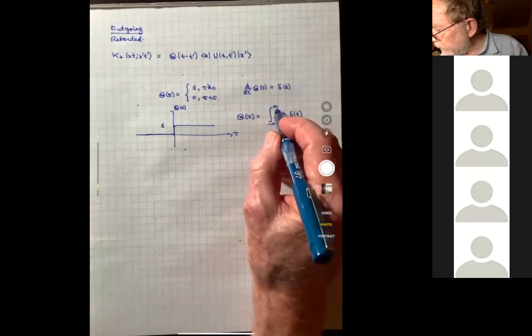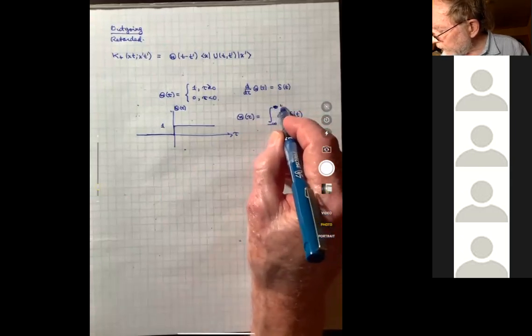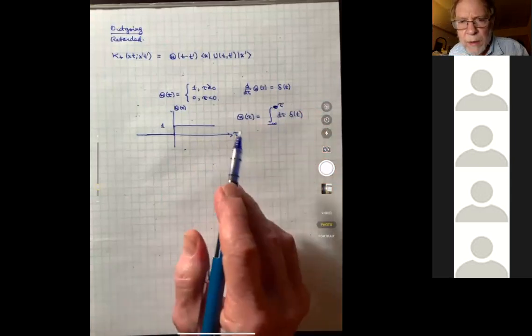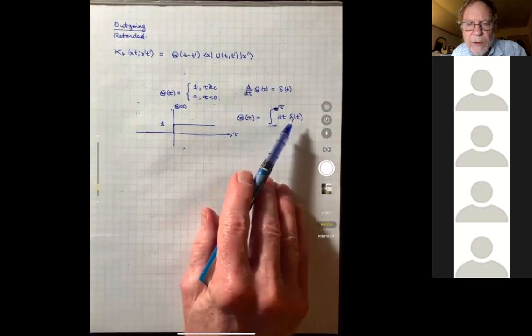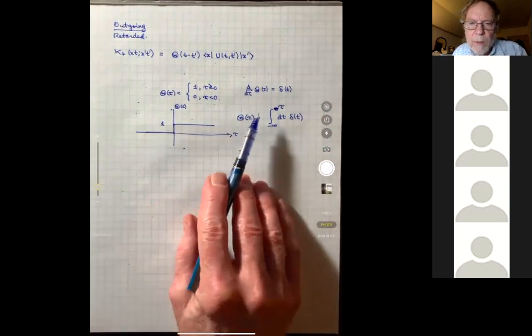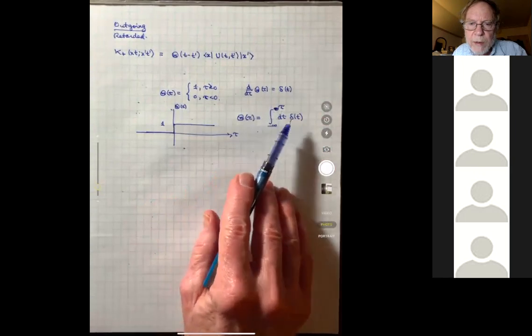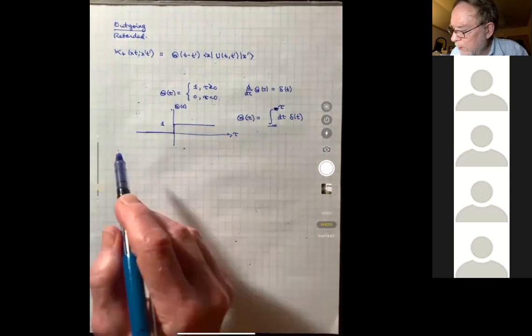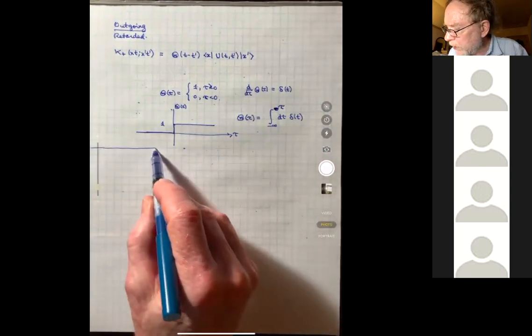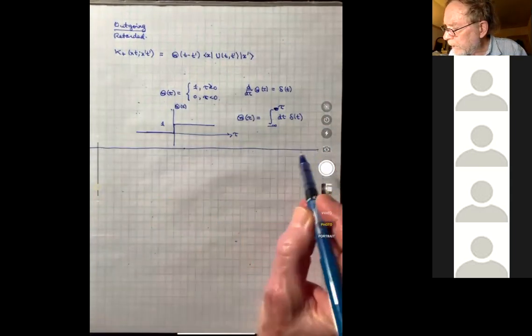I'm sorry, let me write it more carefully. Upper limit is tau. So you can see that if tau is less than 0, then the delta function is not part of the range of the integration, and so the answer is 0. Whereas if tau is greater than 0, then it does capture the delta function, and so the answer is 1. That's how you get this. In any case, that's the Heaviside step function which appears here.